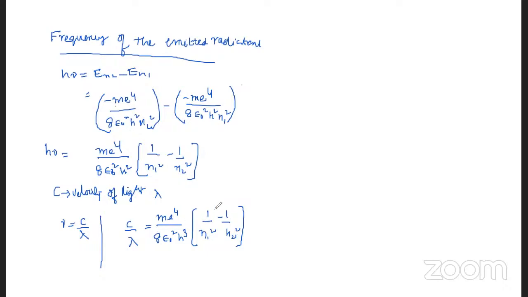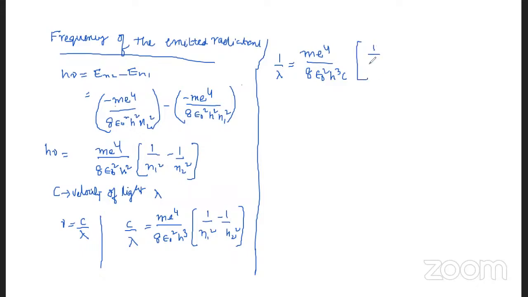Continuing here, if I write this as 1 by lambda, it will be equal to m e power 4 by 8 epsilon naught square h cube c into 1 by n1 square minus 1 by n2 square.